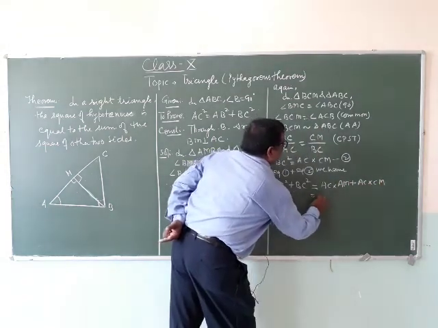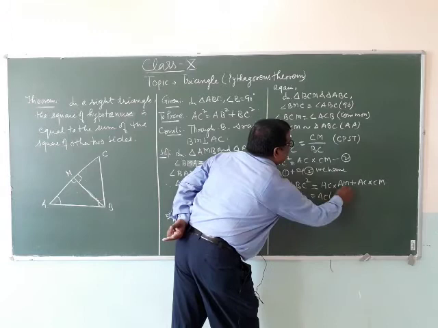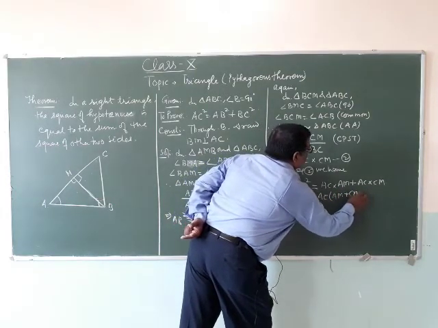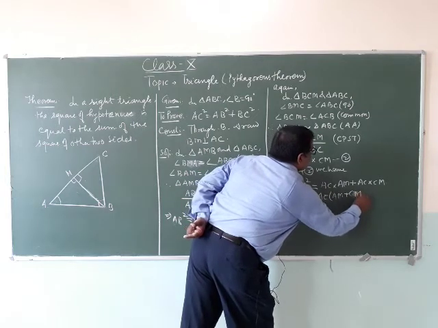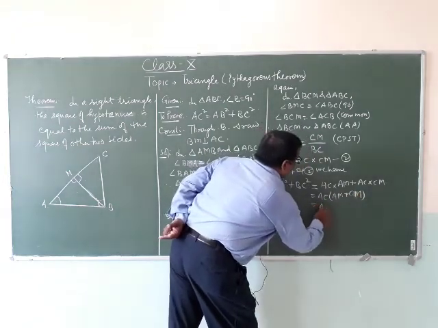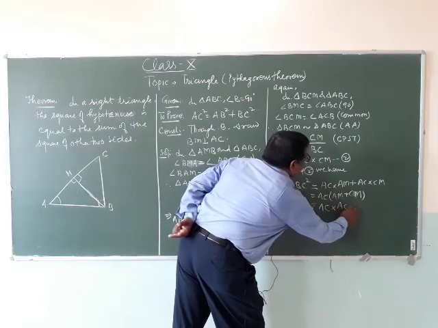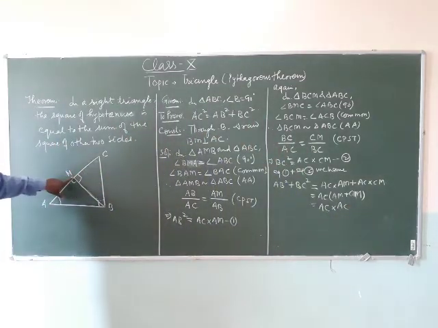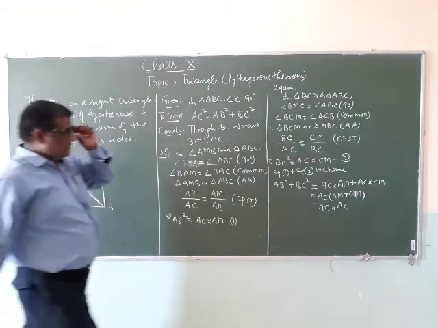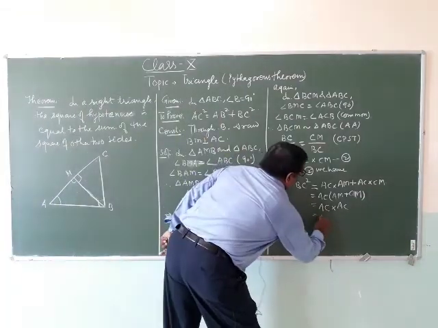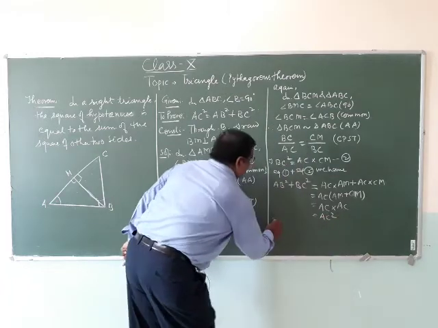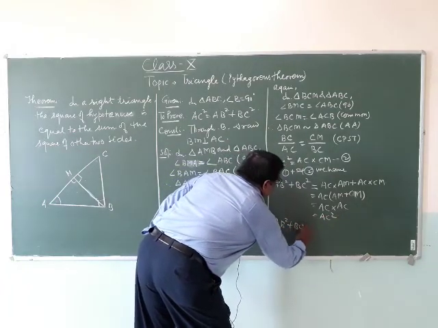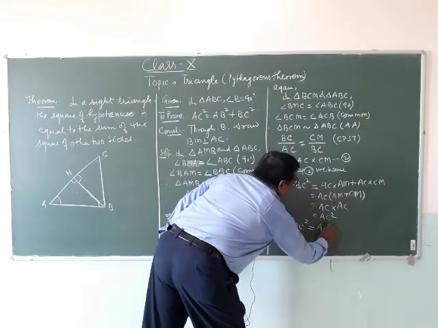Taking AC common, AM plus CM, this is equal to AC into AC, since AM plus CM is equal to AC, which is AC square. Therefore AB square plus BC square is equal to AC square.